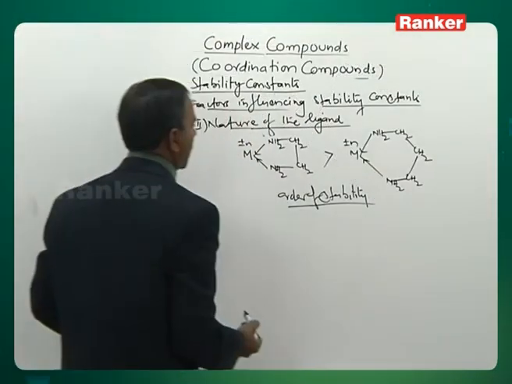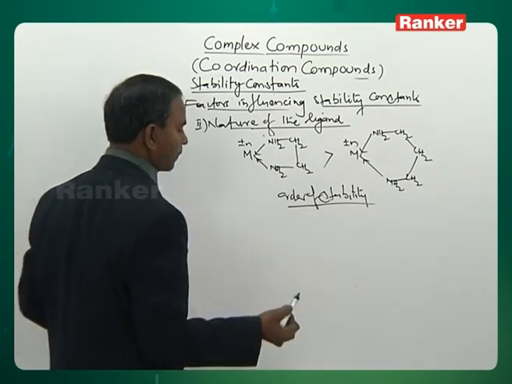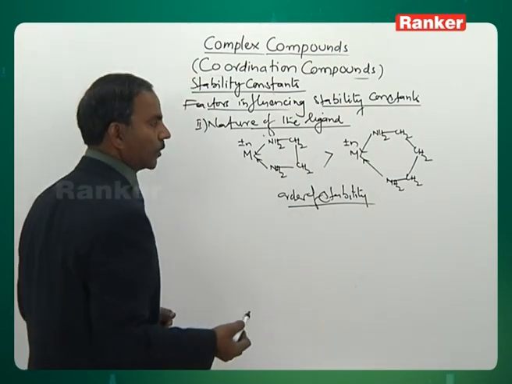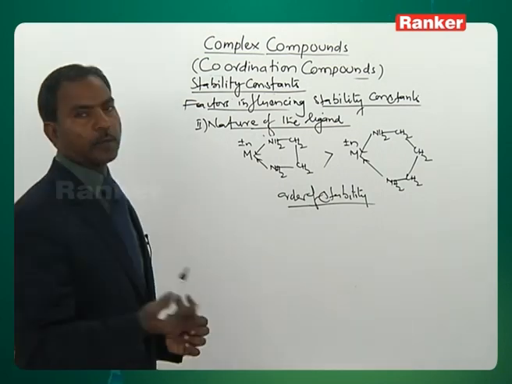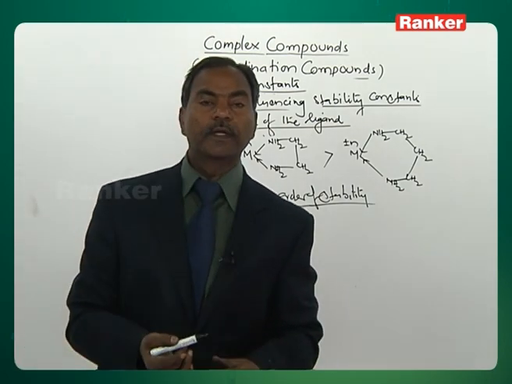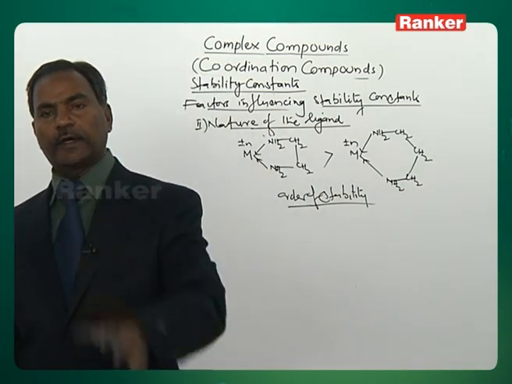Order of stability. When we talk about a 6-membered chelate ring, it is found to be more stable provided the 6-membered chelate ring is an unsaturated resonance hybrid.